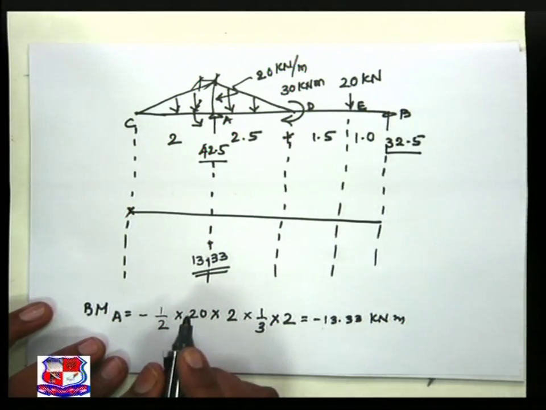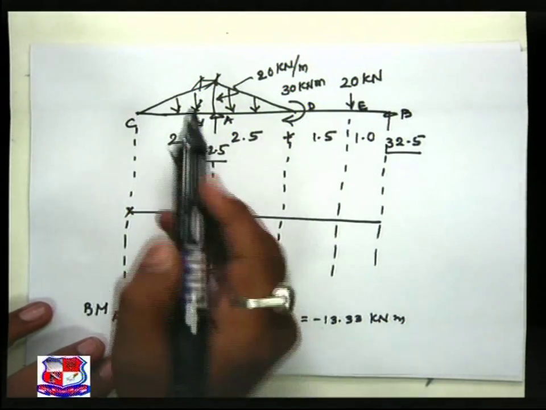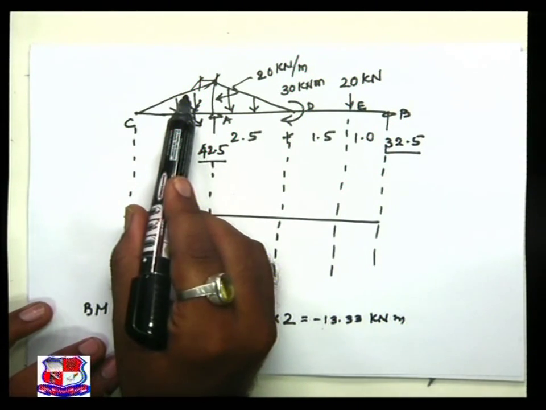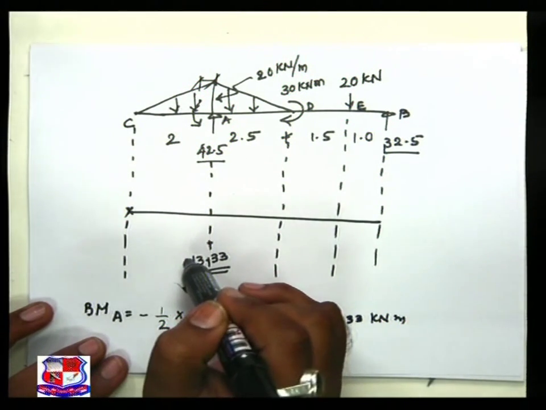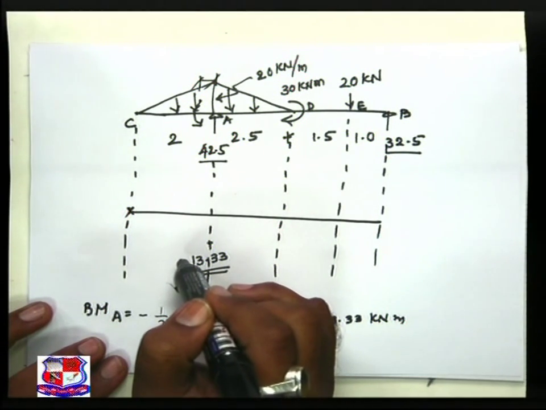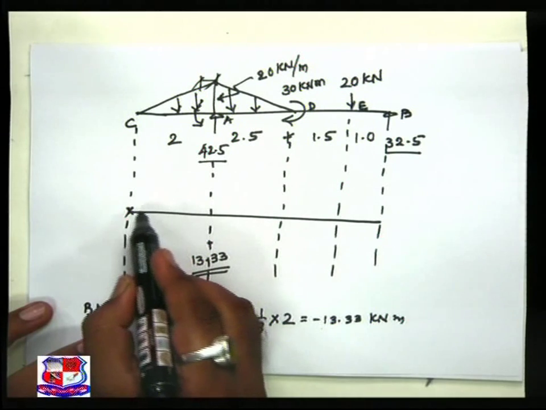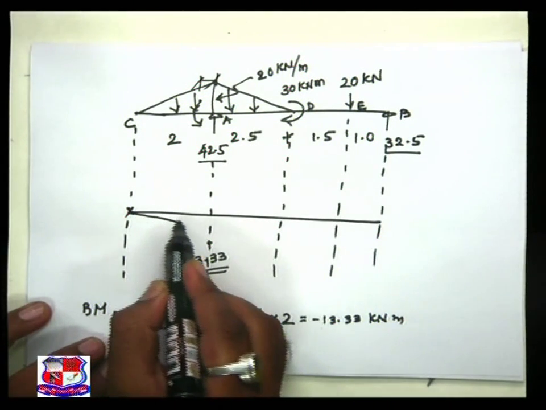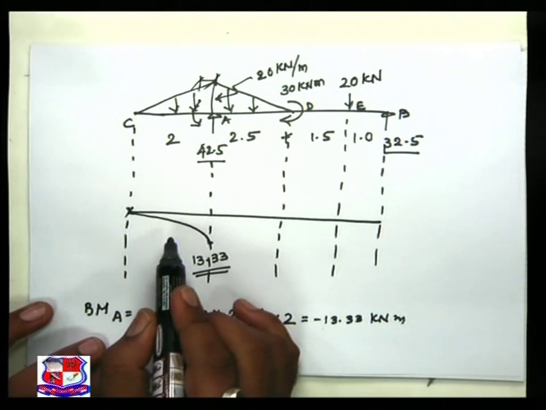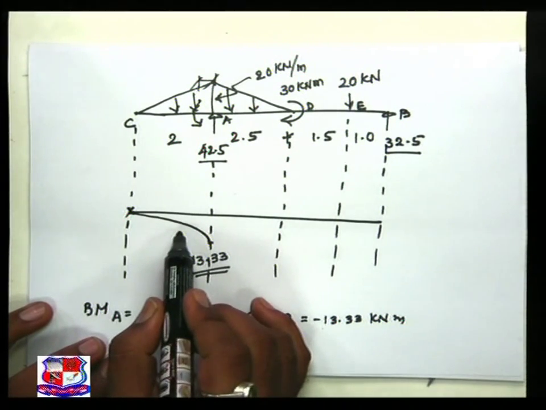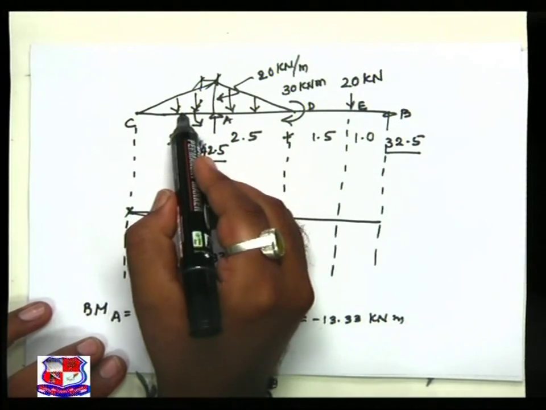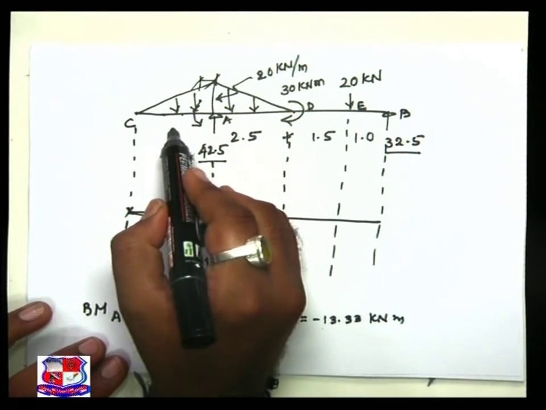As we have discussed in the previous lectures, for a beam with UVL, the variation in the bending moment diagram is given by a cubic parabola, so we have this kind of relationship. If you want to check whether this relation is right or wrong, you have to take a center point, that is at 1 meter.